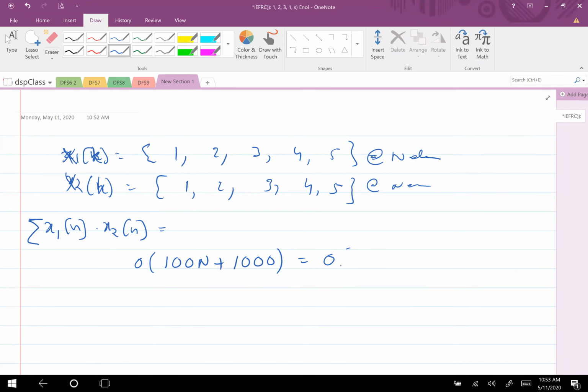Then I would still call it order of n only. What I am interested in is how it scales up with varying n. On the other hand, if I have something like n square plus 1 or whatever, I would call it order of n square.